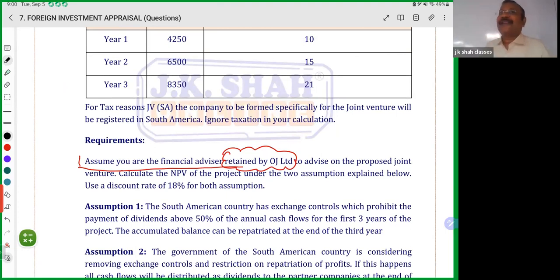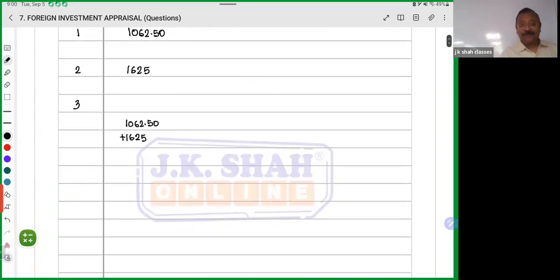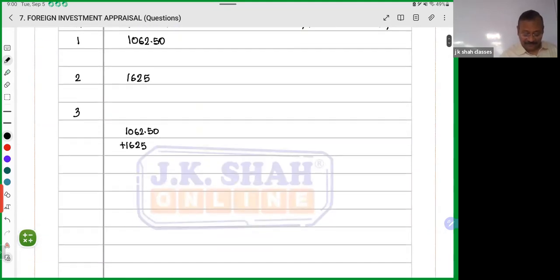Because at the end of the 3rd year, everything is being brought back, the entire 50%, right? So that means there is nothing that the 3rd year profit will then again be repatriated later. That means the 3rd year profit will be 4175. That means 686.5.